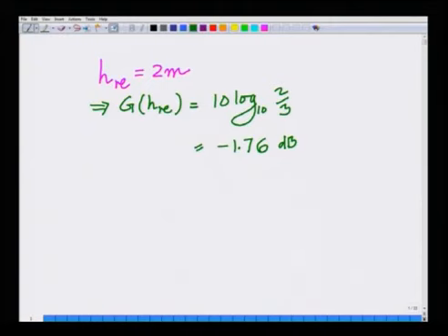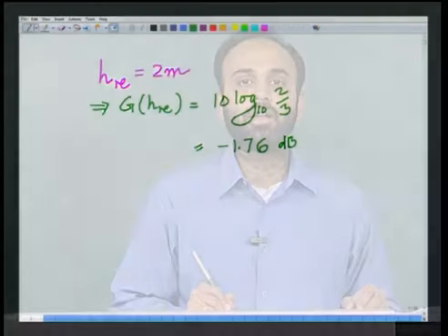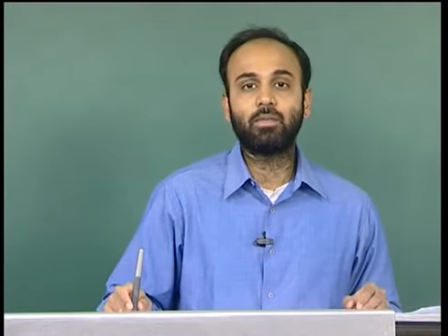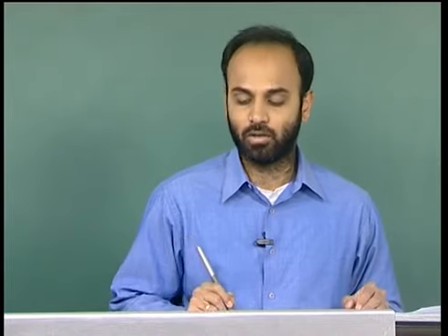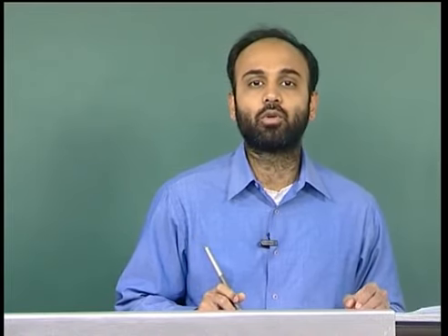All right. So, the receive antenna gain factor, that is minus 1.76 dB, corresponds to a receive antenna height of 2 meters.